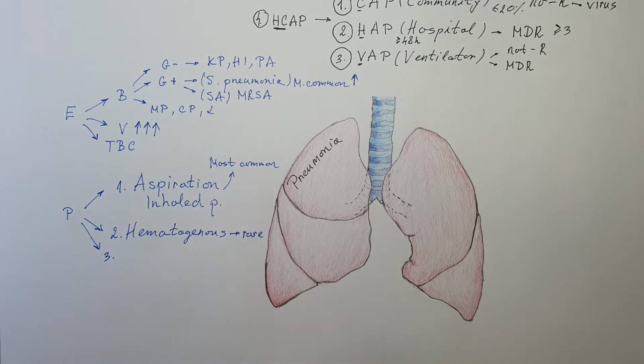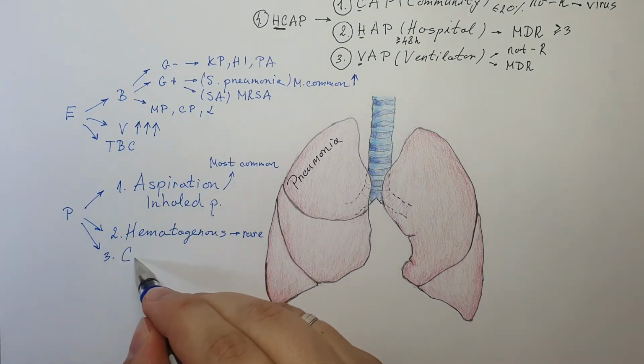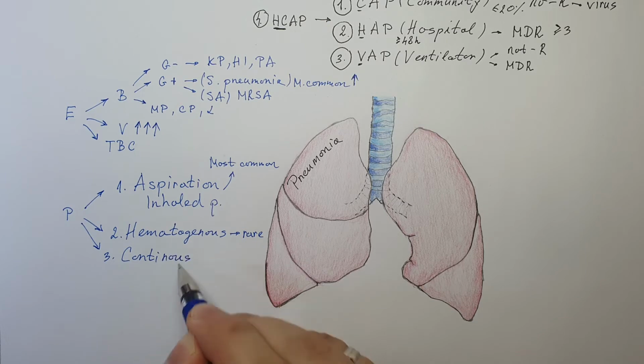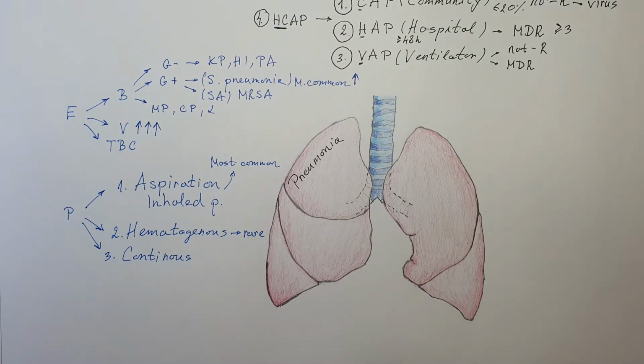The third possibility is the continuous spread. For example, you can have a wound that spreads the bacteria from the skin to the lungs, or you can have a pleura infection that then spreads to the lungs.